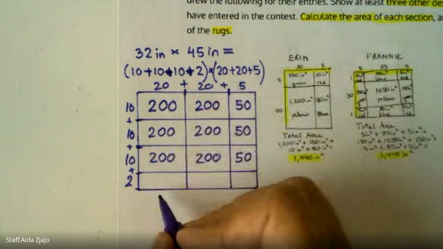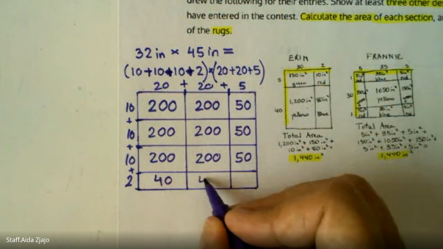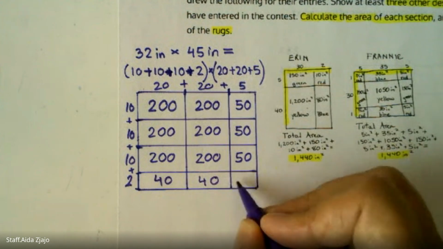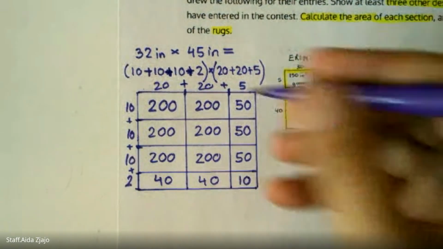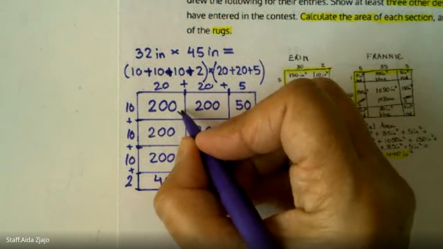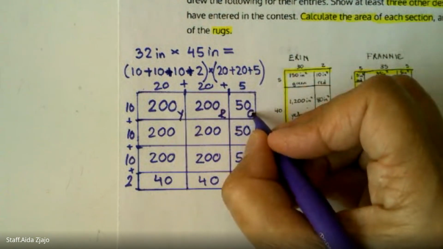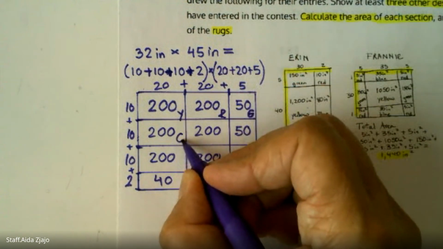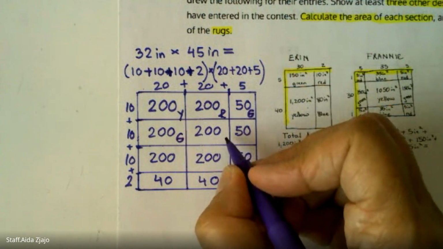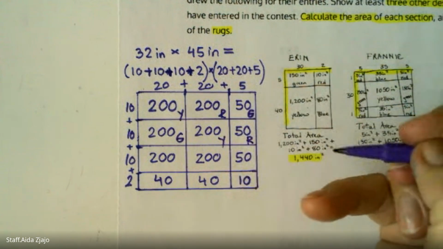Now 2 times 20 is 40. 2 times 20 is 40. And 2 times 5 is 10. So I can just play: if this is yellow, this is red, this is green, then I can alternate this to be green, then this to be yellow, and this could be red.